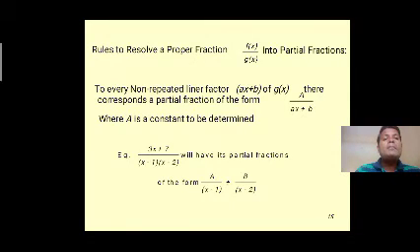We see the example, (3x + 7) divided by (x − 1)(x − 2) will have its partial fraction in the form A by (x − 1) plus B by (x − 2). We observe here in the denominator two factors are there, those are (x − 1) and (x − 2). So we write the partial fraction format as A by (x − 1) plus B by (x − 2).